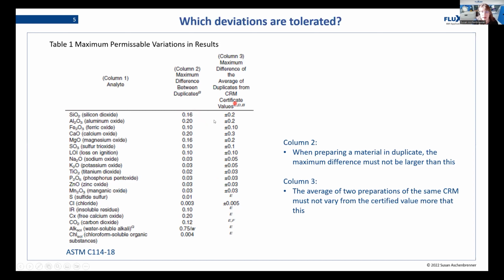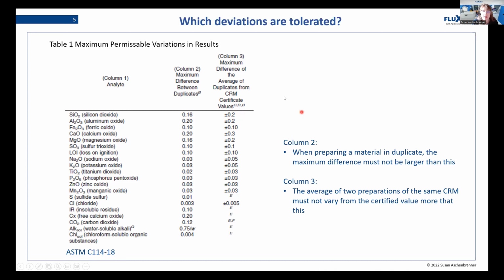And the other thing that we are looking at is we are still having two preparations of a CRM material, and those two preparations give an average value of, for example, again in silicon dioxide, and this average of the two preparations is not allowed to differ more than 0.2 from the certified value that is given in the certificate.